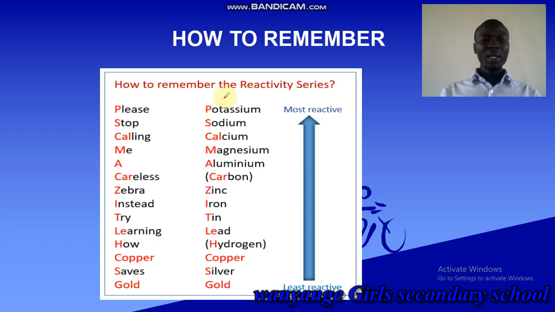Okay, so there is a simple way of remembering this reactivity series, which you can choose to use, or you can create your own way of remembering. Here we have the first letters in the names of the metals being used to create words that you can easily remember.